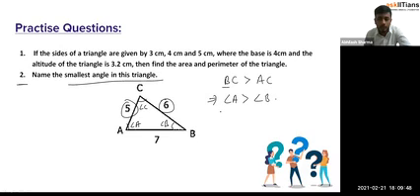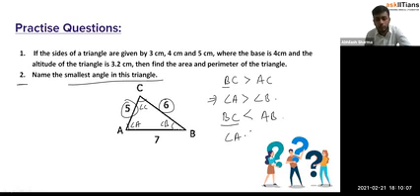Similarly, what can we say? We can say that BC is less than AB, because 6 is less than 7. Then what is the angle opposite to BC side?